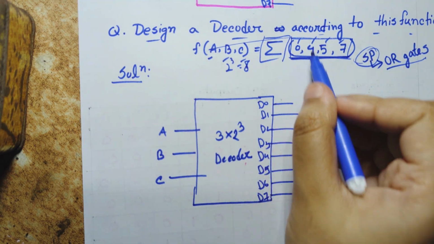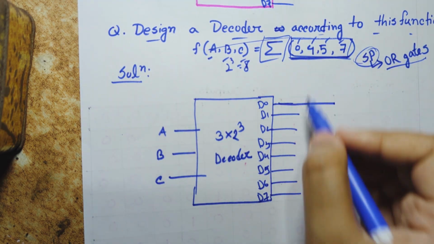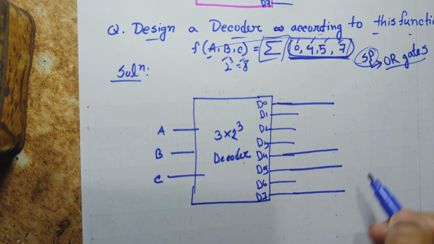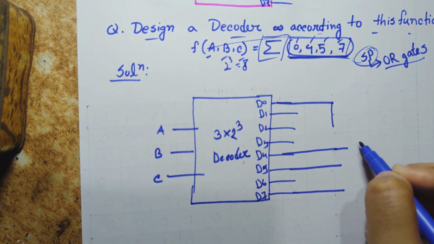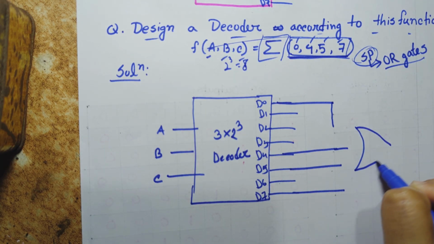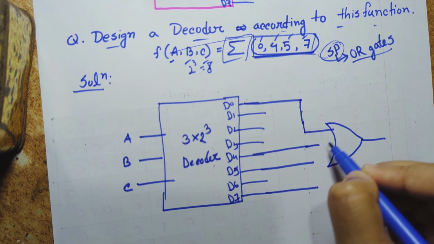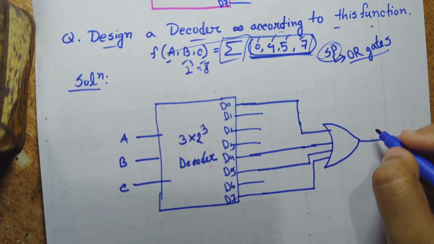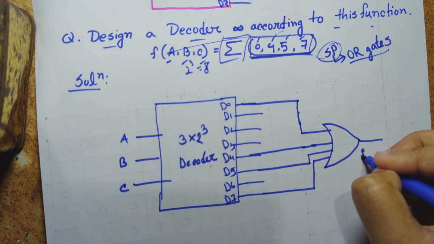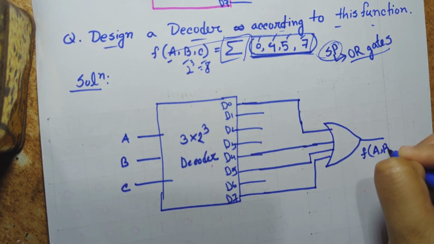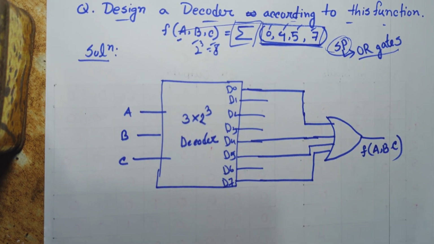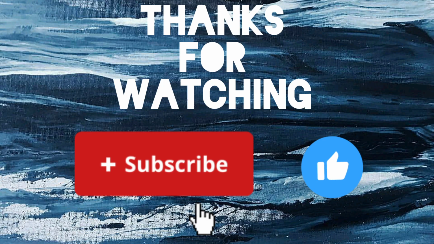So here we take line 0, and 4, then 5, then 7. These 4 lines go into an OR gate. We draw an OR gate, they go as its inputs, and we get the output, which is our required condition. This is how you can solve a decoder combinational circuit question.